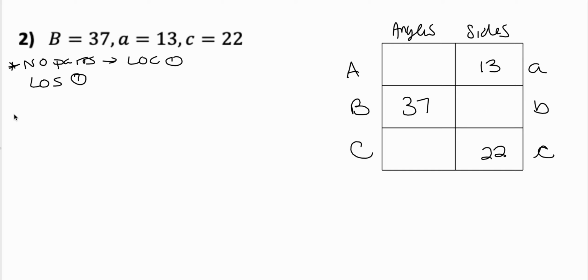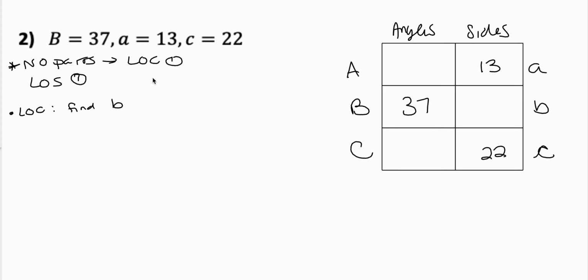So for our law of cosines here, we're going to find little b, side b, because in law of cosines, you always want all three sides already filled in, or you want to create all three sides filled in. So that's the piece we're missing, little b.